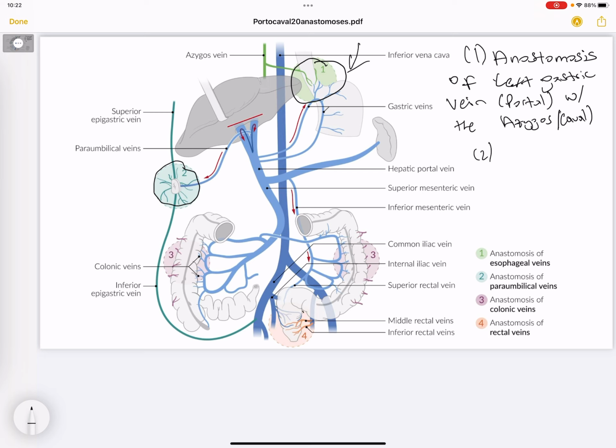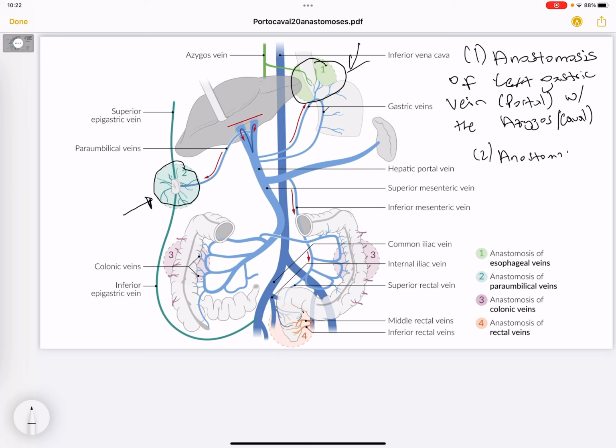Alright, and the second region that we're going to look at is the anastomosis of the umbilical veins, which is located right there. And in this region, we're going to see the anastomosis of the umbilical veins that are found in our portal system with the superior and inferior epigastric veins of our caval system. Let's write this down again.